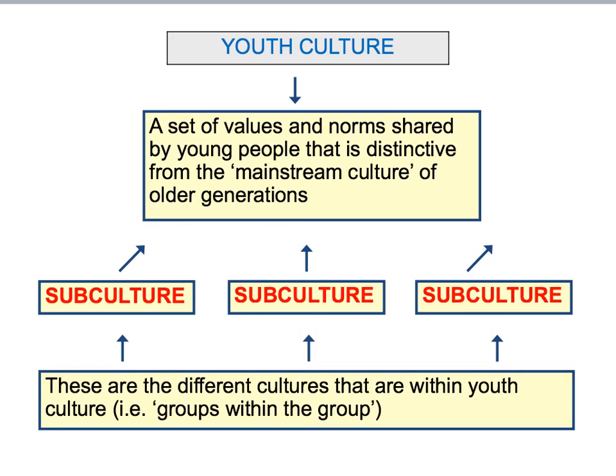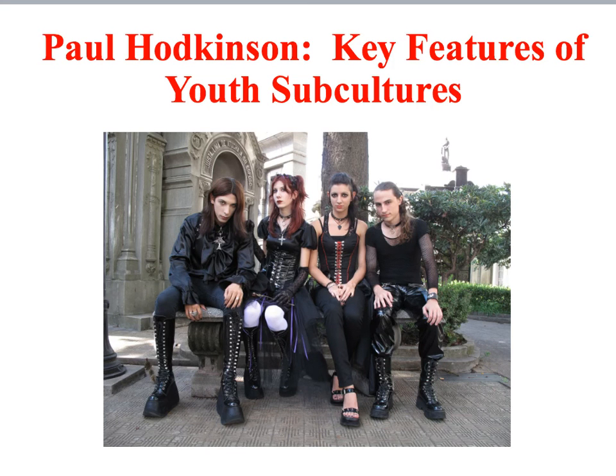So although all young people share certain features and characteristics in common, we can also identify and explain the behaviour of different youth groups within this category on the basis of their particular subcultural characteristics. And subcultures are often based on social factors such as people's social class background, their gender, their ethnicity, where they live in the country, and so on. And the sociologist Paul Hodgkinson, based on research that he did on the goth youth subculture, has identified three key features that youth subcultures share.